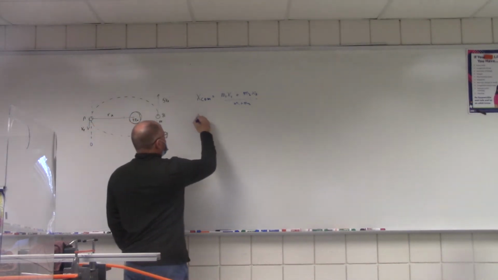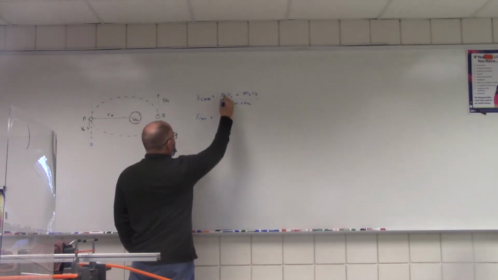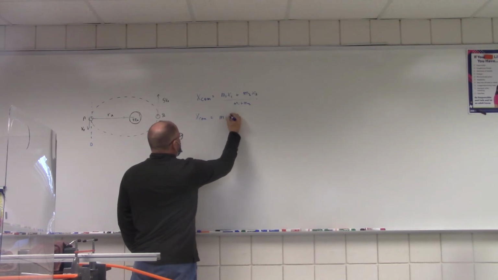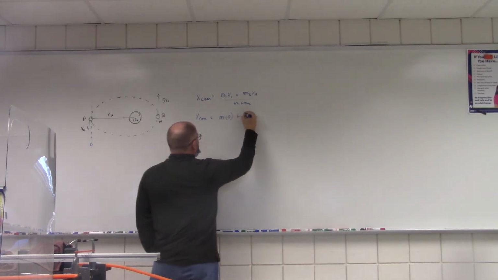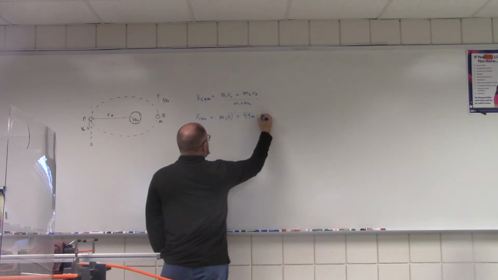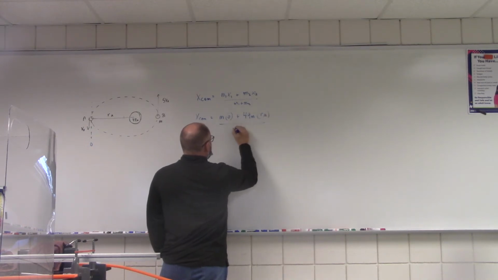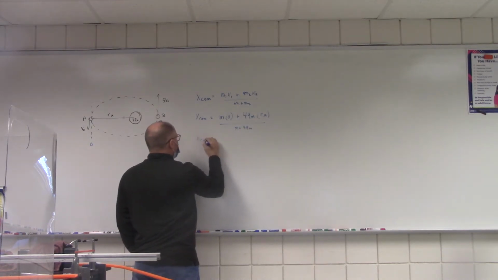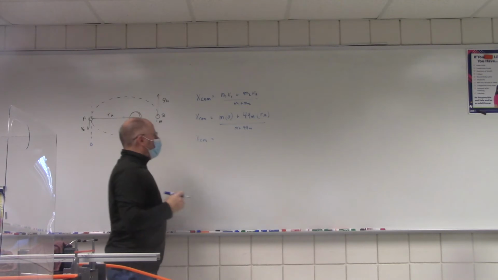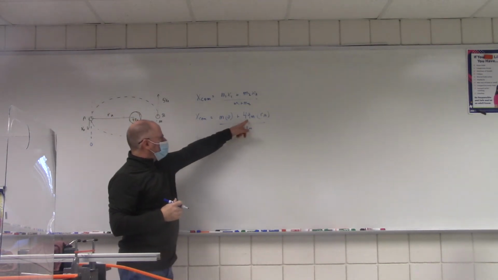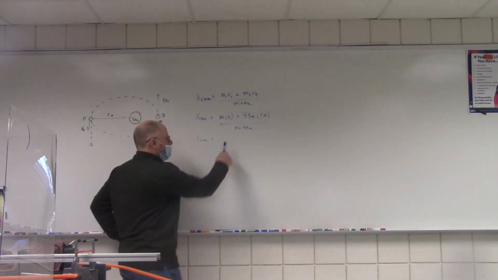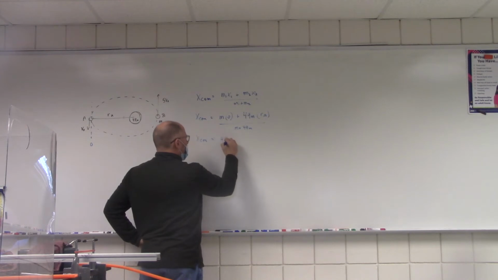So if I want to find the position of the center of mass, I'm going to take m1, which is m times position 0, plus 49m times RA, all divided by m plus 49m. And so what you end up with is 49 m RA on the top and 50m on the bottom, so 49 over 50 RA.